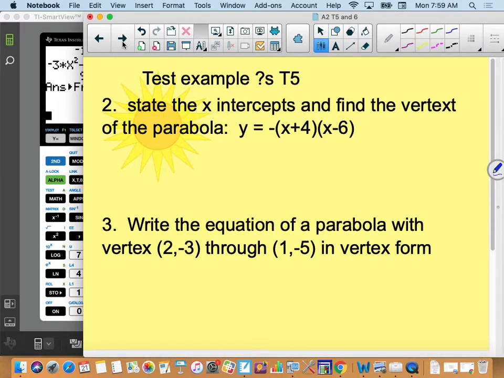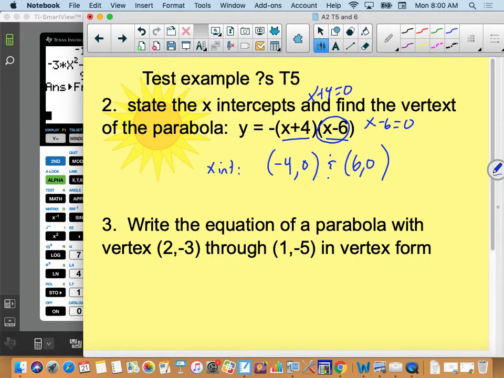Same idea for number 2, state the x-intercepts. The x-intercepts are going to be the two points where this graph would cross the x-axis, which are the zeros of this equation. So negative 4 would make the first factor 0, positive 6 would make the second factor 0. You're basically just solving these factors equal to 0. And then the vertex is going to be the average of those.